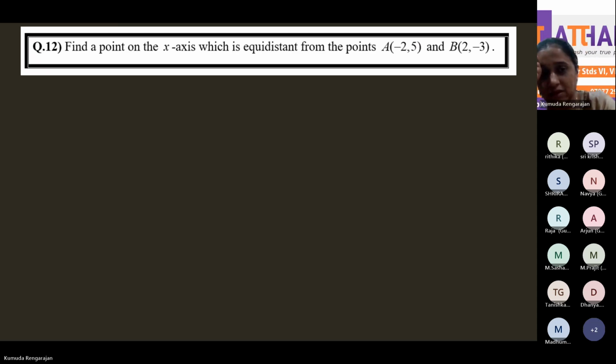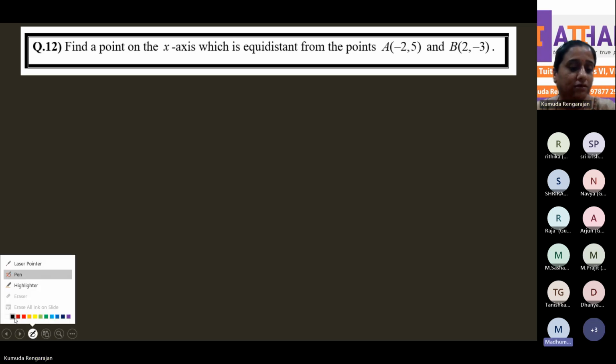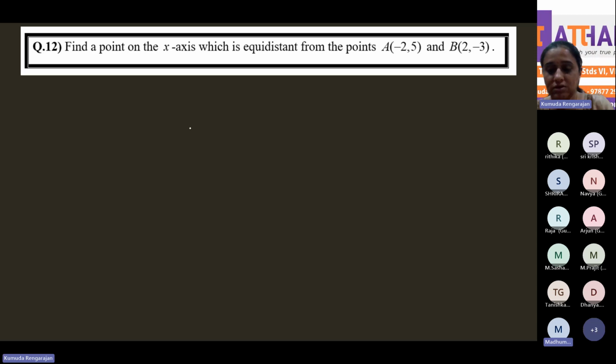Find a point on the x-axis which is equidistant from the points (-2, 5) and (2, -3). Ma'am, could you please show the previous slide for a second? Yeah, sure.